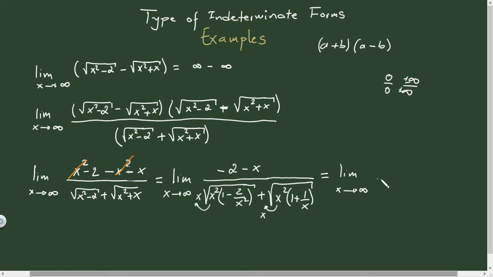So I'm going to say it is x times, with the square bracket, the square root of 1 minus 2 over x to the power of 2.